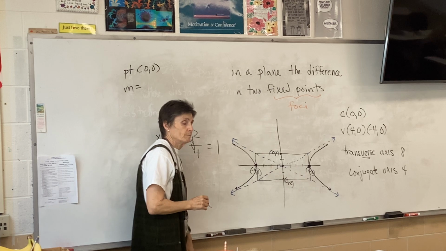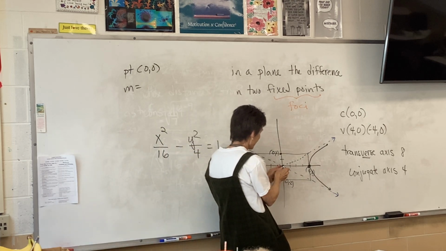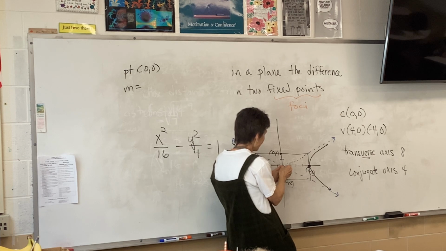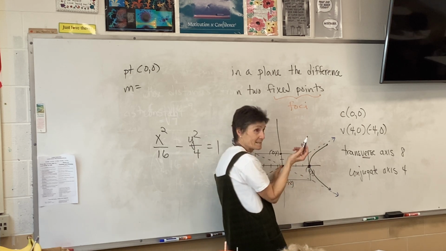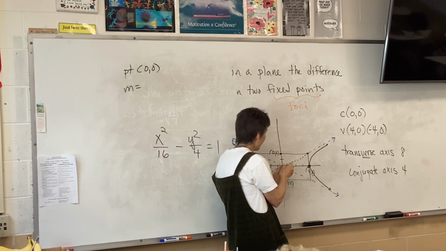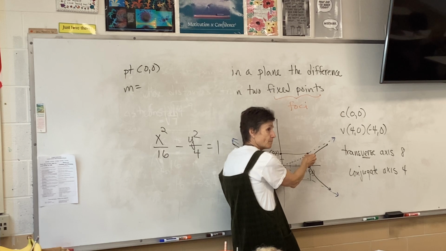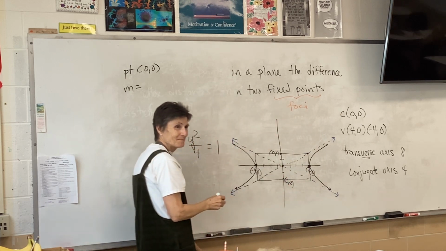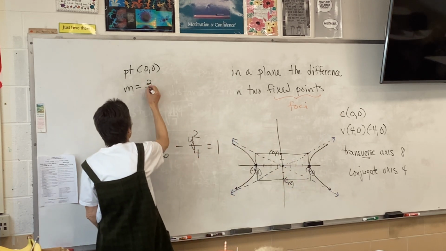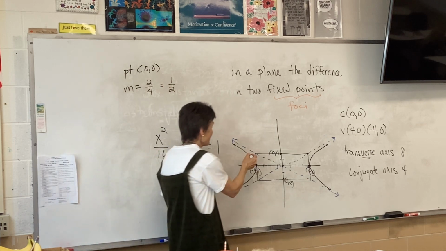What's our slope? Let's think about this for a minute. Don't I need to get from this point to this point, for example? How far up do I go? How far over do I go? What's the slope of that line? 2/4 or 1/2. That's exactly right. Now, what if I went in the other direction?